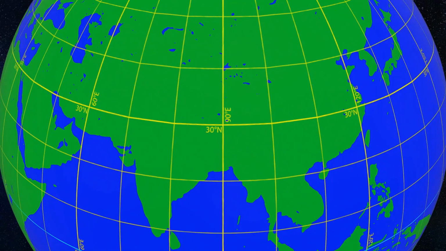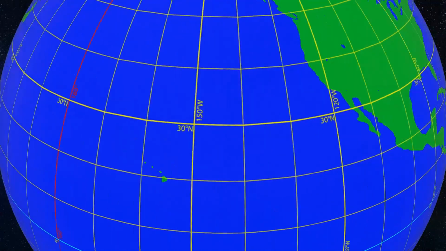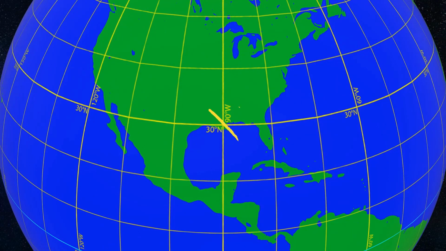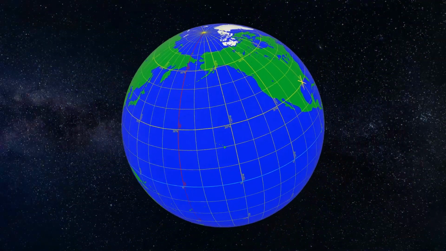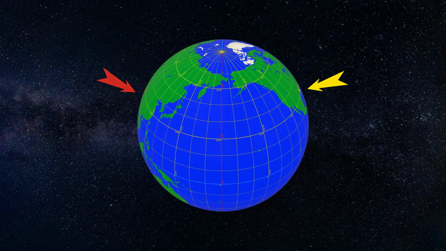An aircraft needs to fly from 30° north 90° east to 30° north 90° west. There are two route options for this flight. You can either fly via great circle track denoted by the green line, or via rhumb line track indicated by the red line.